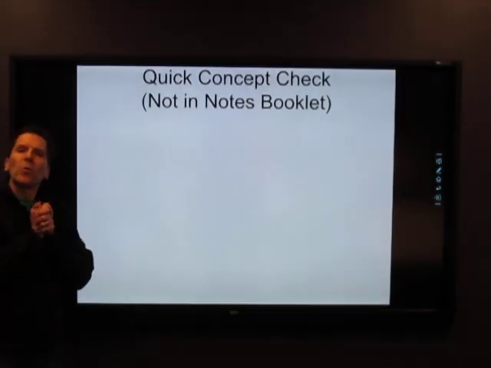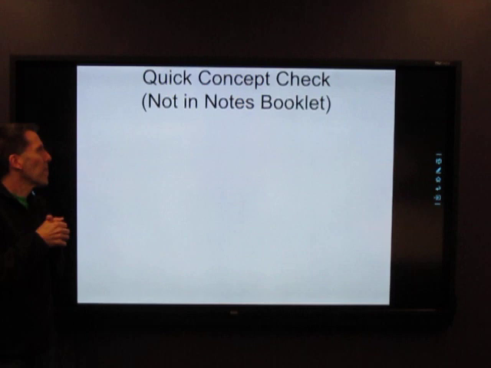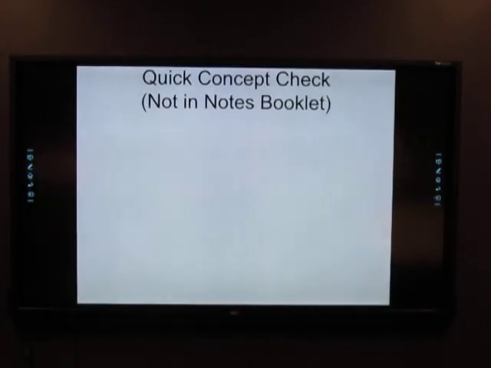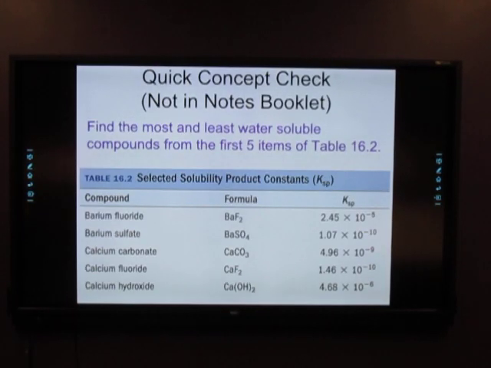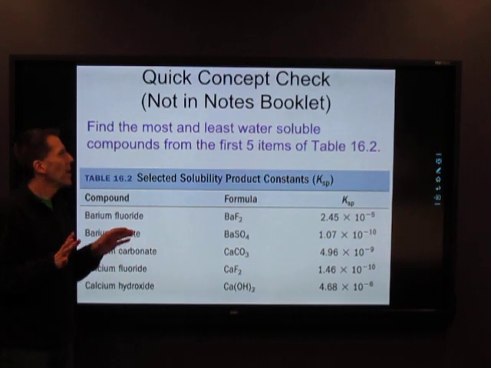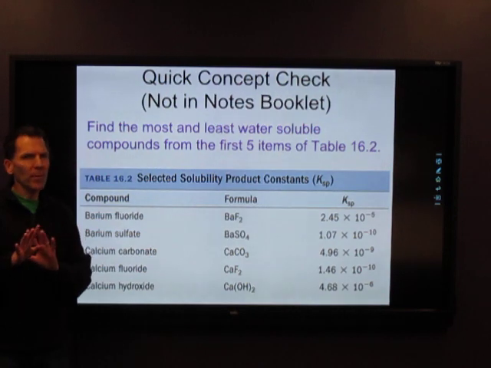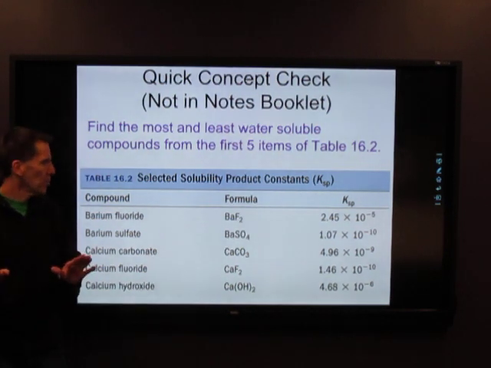This is not a question that's in your notes booklet per se, but I just added this in, just a quick concept check. I'm going to show you 5 compounds that are in table 16.2. And of course, these are values you never have to memorize. You'll have this at your disposal.